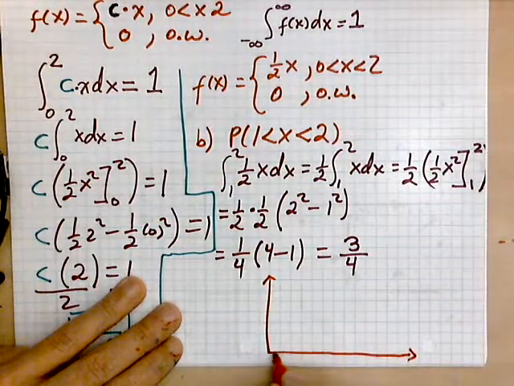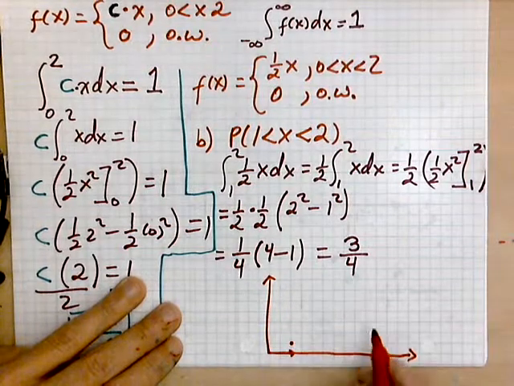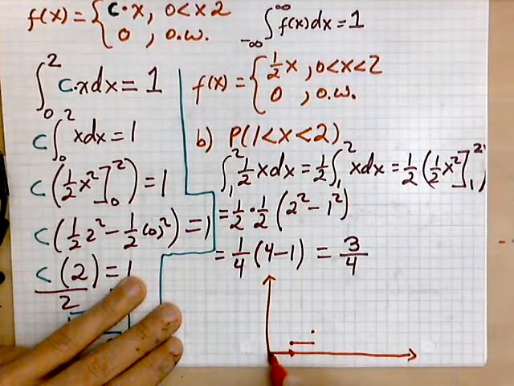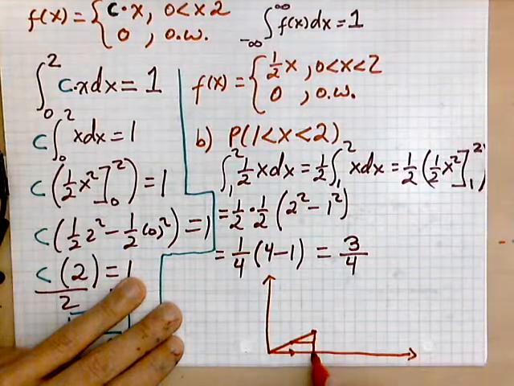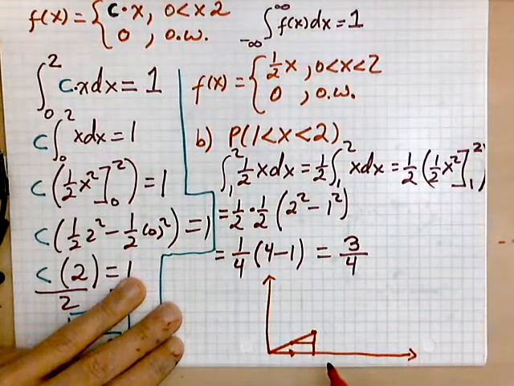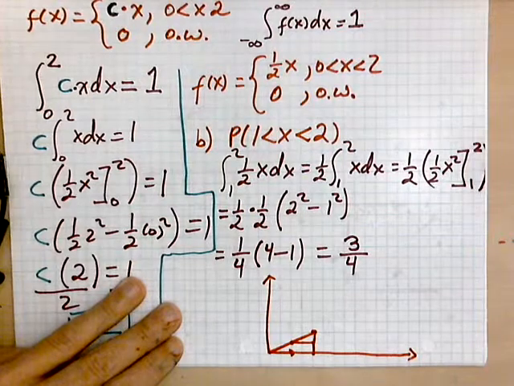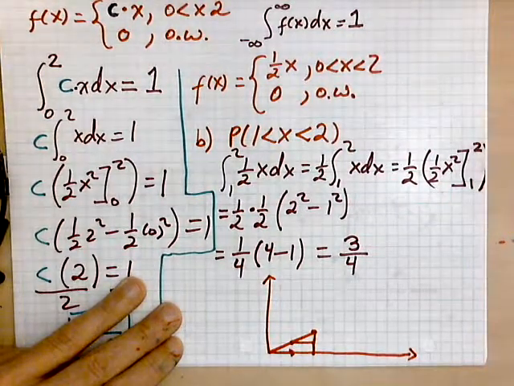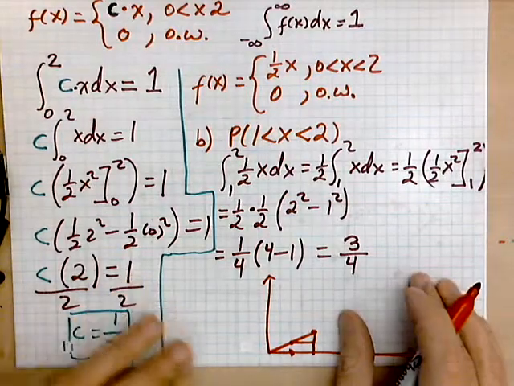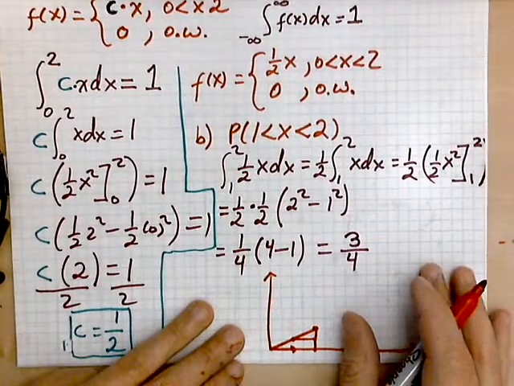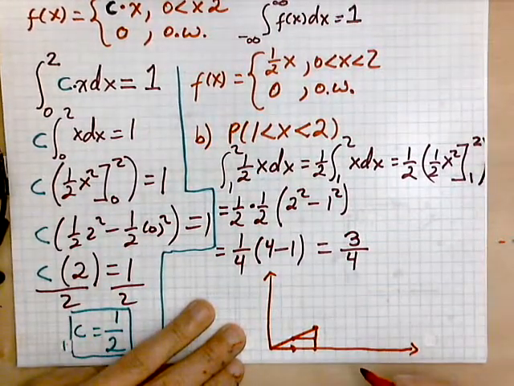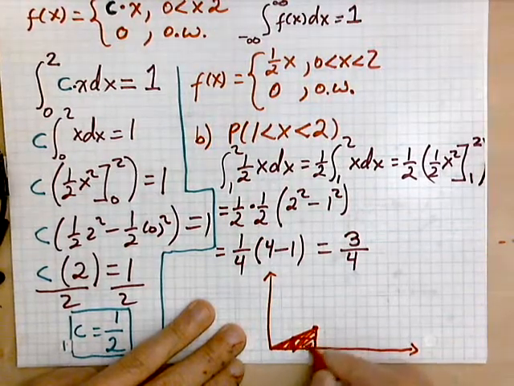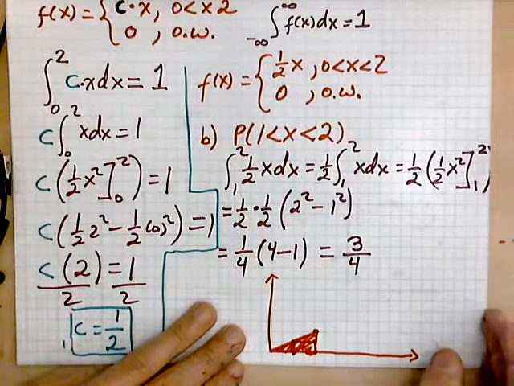So 2 to the right and 1 up. And then another 2 to the right and another 1 up. So it looks like this, okay? So our PDF, and what we have just found, is the following. Okay, this is like a picture of the PDF. It looks like a triangle drawn this way, okay?